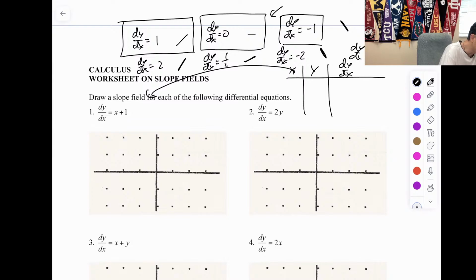And dy dx equal to -1/2 is going to be this way. So make sure that you have pretty much this. A little bit steeper, a little bit less steep, they don't really care. They care about the 0 slope.